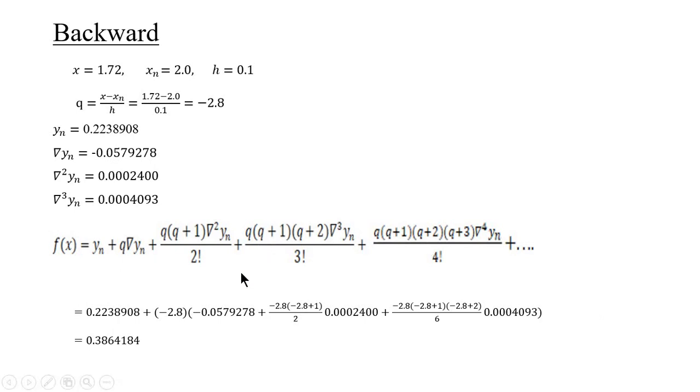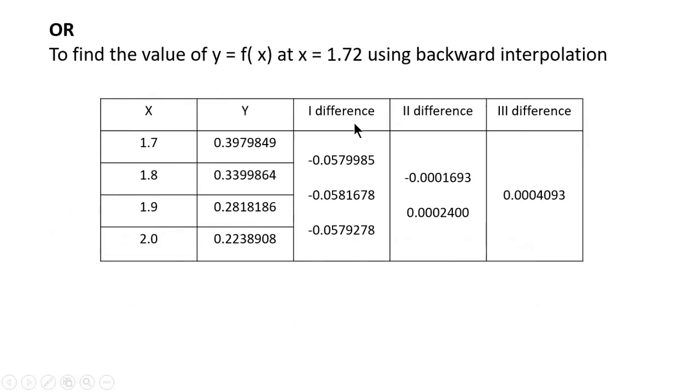But this seems to be very lengthy because we have so many values to substitute in the calculator. I can use another method for using the backward interpolation formula. We know that our x lies between 1.7 and 1.8. Instead of the corner value 2.0 as xn, I will use the value just below x.